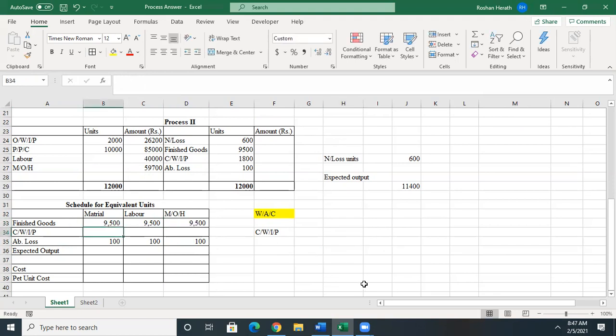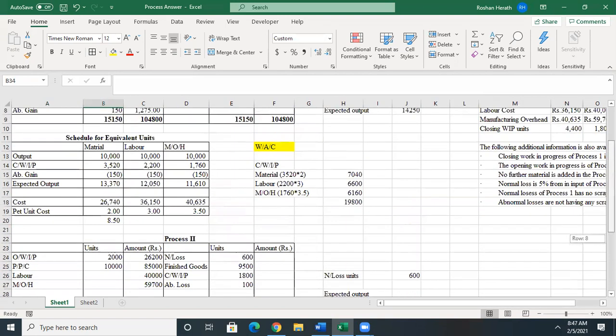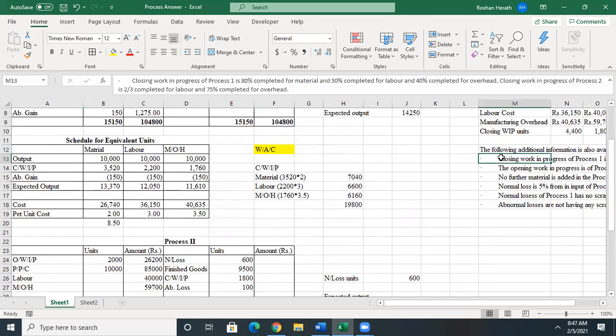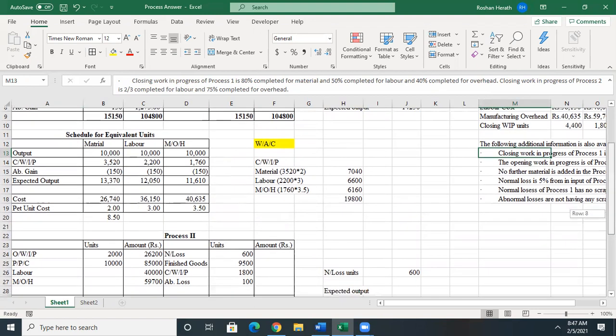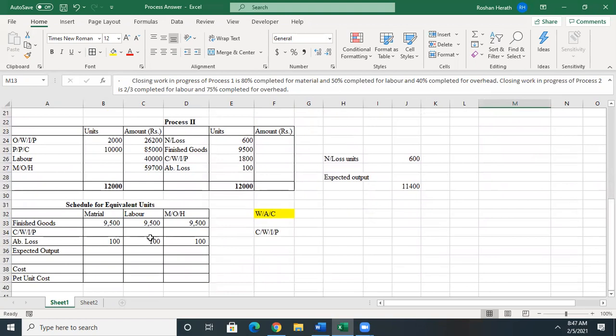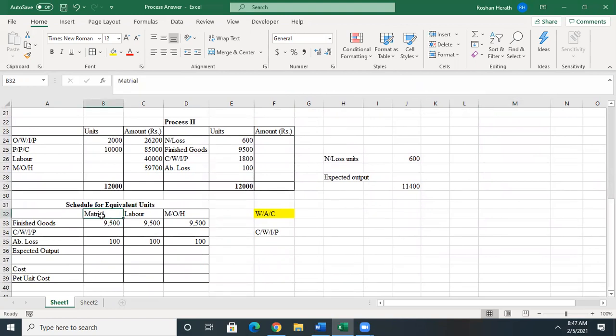Then closing WIP, there you need to see what is the completion. The closing WIP in process 2 is 2/3 completed for labor and 75% completed for overhead. It's not the material, but we have the previous process cost over here. When you come to the previous process cost, in fact, it is 100% completed.